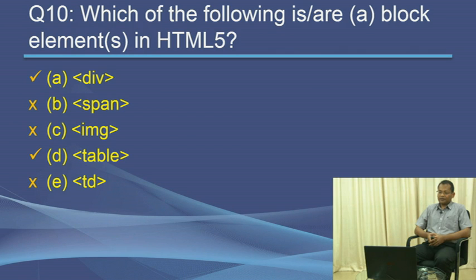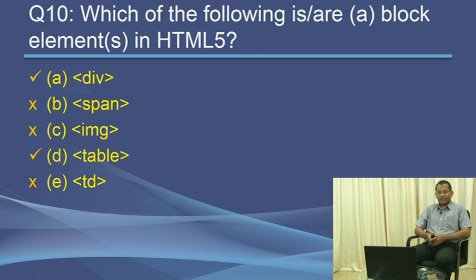So here div, for example, is a block type, because you have an open div and a closed div, and it basically creates a new section. If you look at span, span does not create a new line or a section or a paragraph, it just defines within the same text, and you can define, for example, styles for a particular text using CSS or some such technology, so a span is basically not a block element.